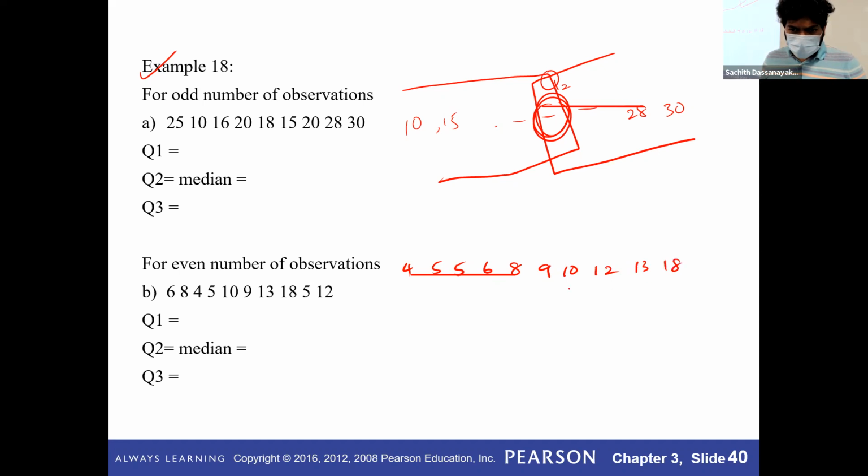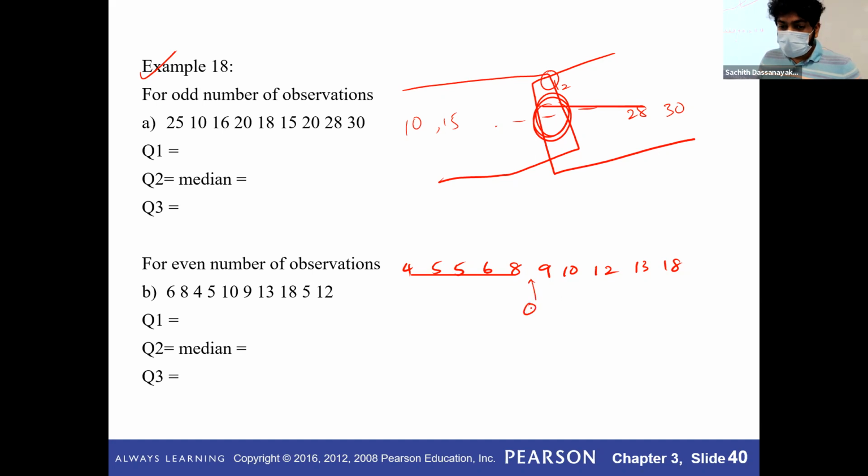Do we have 10? Yes, I have 10 numbers. So now how do we find Q2, which is the (n plus 1) divided by 2 position? Since we have 10 observations here, it's going to be the 5.5 position, right? So somewhere between the 5th and 6th.